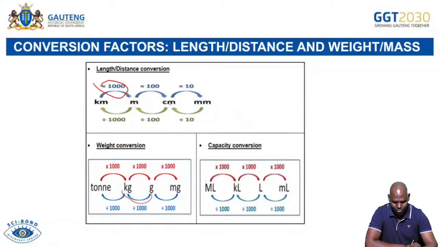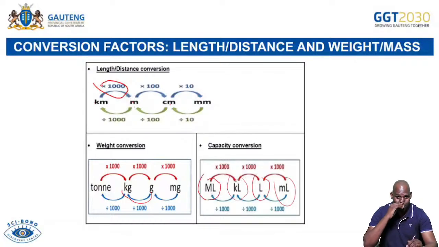If you've got megaliters, this one is mega, and then we've got kiloliters, we've got liters, we've got milliliters. Megaliters are used by the companies that provide water to the municipalities, like Rand Water and so on.